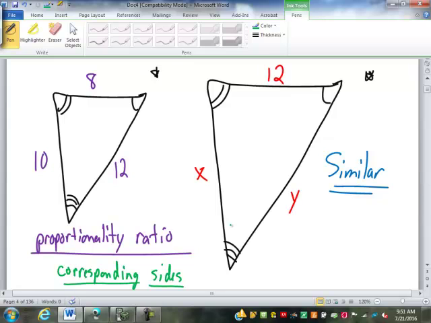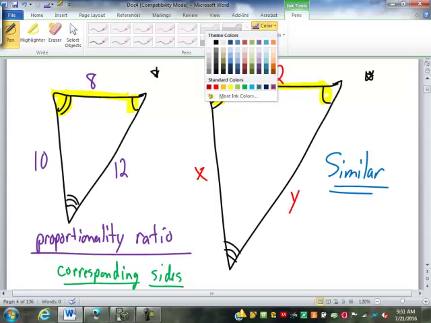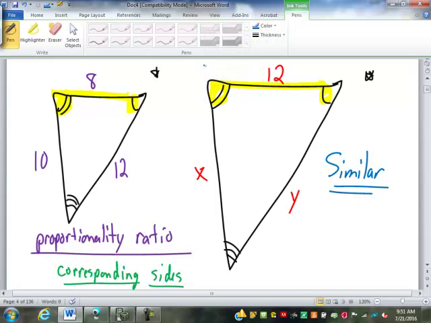In these triangles, how do I know whether sides are corresponding? Well, because they're between the same two angles. This angle and this angle are the same. This angle and this angle are the same, which means this side corresponds to that side. So my constant of proportionality, or whatever you want to call it, involves the 8 and the 12.